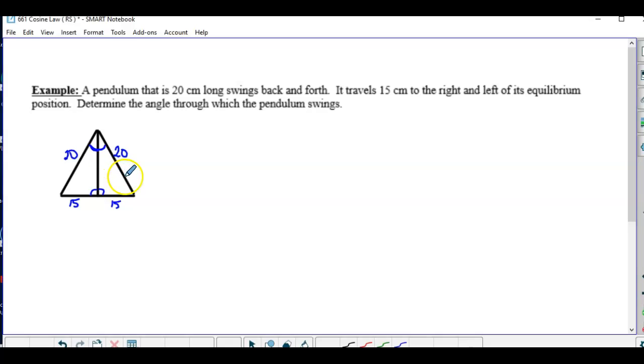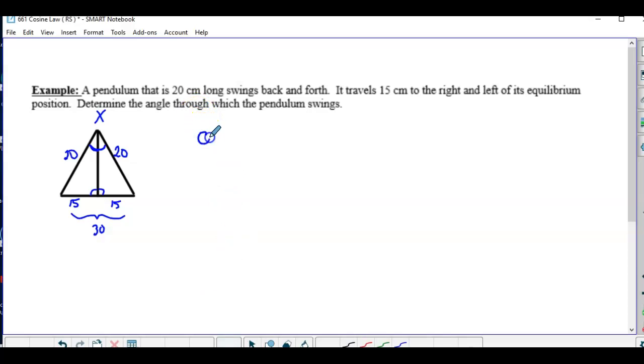You could use your primary trig ratios, but now that we've learned the cosine law, maybe we can use it, because take a look, we have those 2 sides are 20, and then this side here, if we add it together, will be 30. So we could get that angle right away. So that's what we're going to do. I'm going to call it angle, this time I'm going to call it angle X. So just going to delete that.